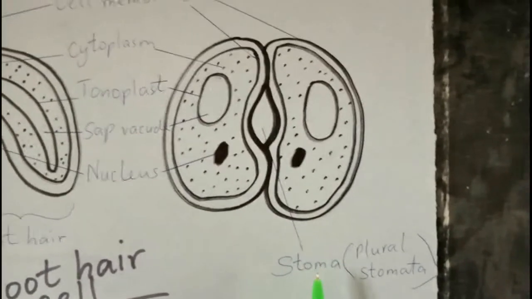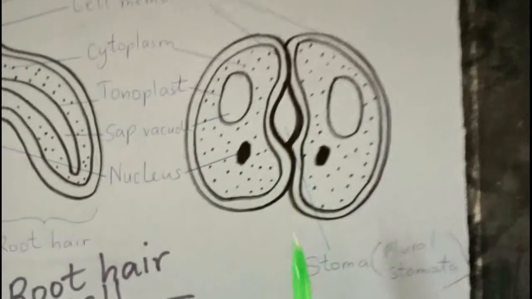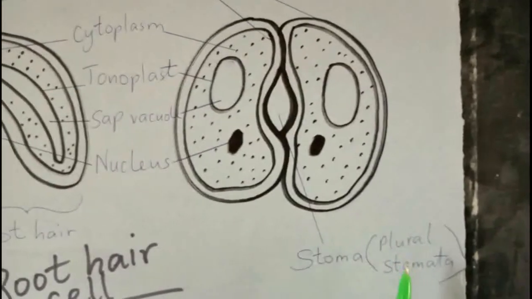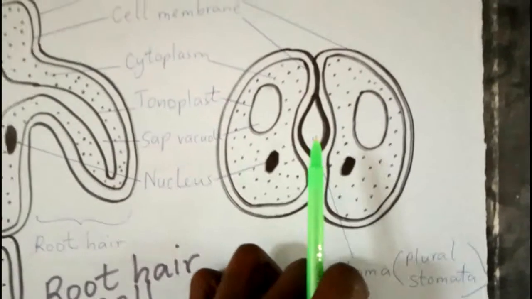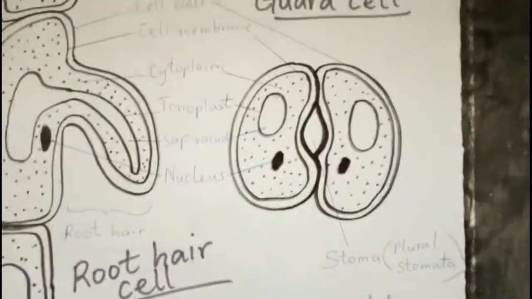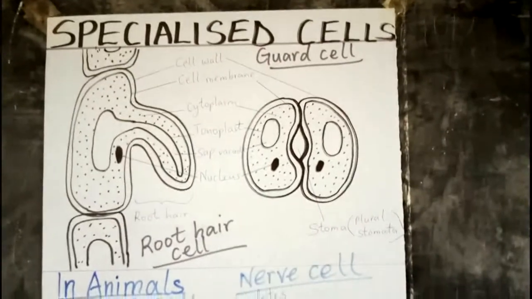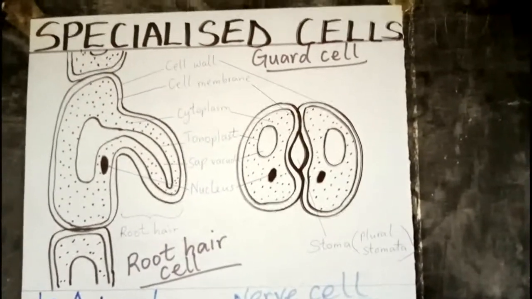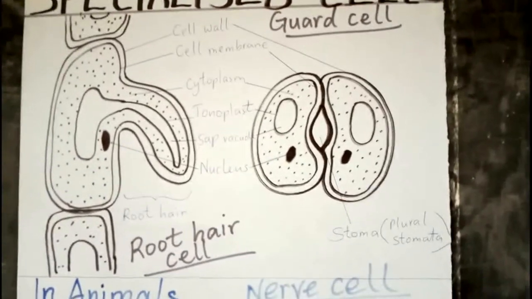We call it the stoma. Stoma is a small opening. If there are many, we call them the stomata. Stoma is an opening which enables water to be lost out of the plant in the process of transpiration. Some gases may also pass through this opening called the stoma.